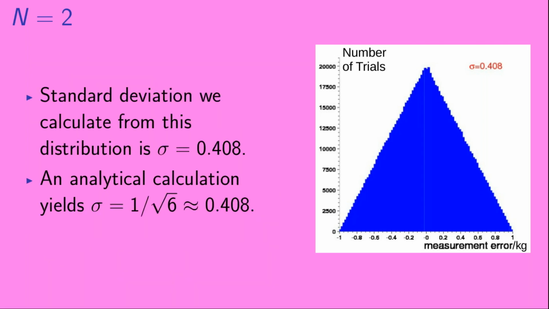Okay, so when we actually calculate the standard deviation of this distribution, we get sigma equal to 0.408. In this case, it's also not so hard to do an analytical calculation, and if you do, you get that sigma is equal to 1 over the square root of 6, which is about equal to 0.408.